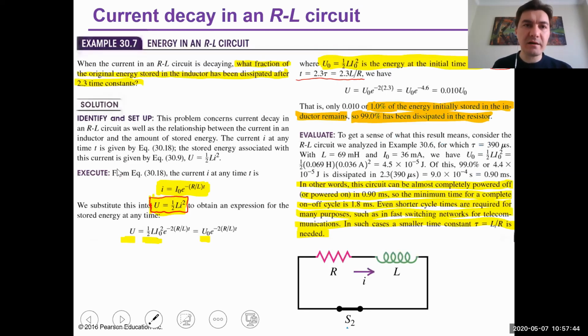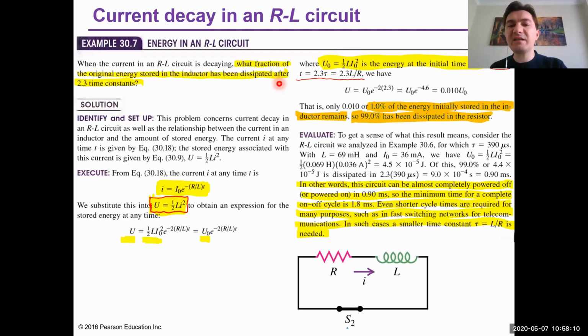Then let's see energy in an RL circuit in that example 30.7. When the current in an RL circuit is decaying like this one, what fraction of the original energy stored in the inductor has been dissipated after 2.3 time constants?